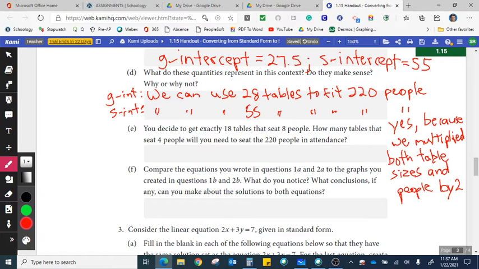Just double them, right? If we double something on the right and we double it on the left, it remains the same equation. You decide to get exactly 18 tables and 8 people.